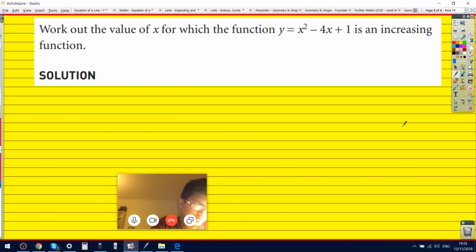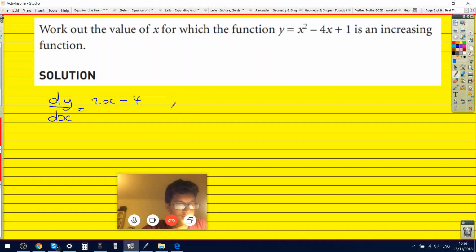That's 2. Yeah. I got 2 for the answer here. And so you got 2x minus 4.